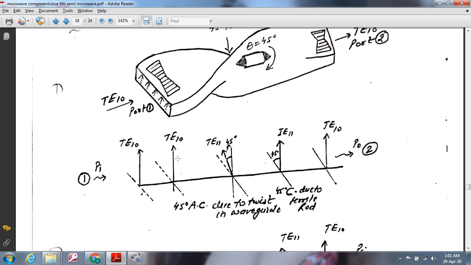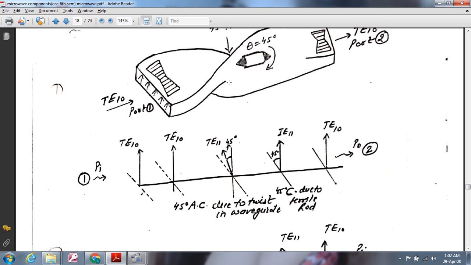There is no change in the phase, and at this twist, because this is an anti-clockwise twist, it is twisted 45 degrees anti-clockwise. Actual position was this, but after this twist the direction becomes 45 degrees anti-clockwise due to the twist in the waveguide.